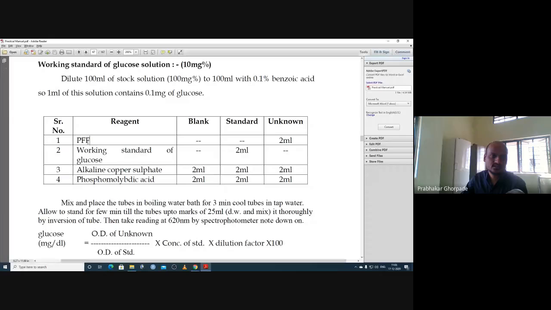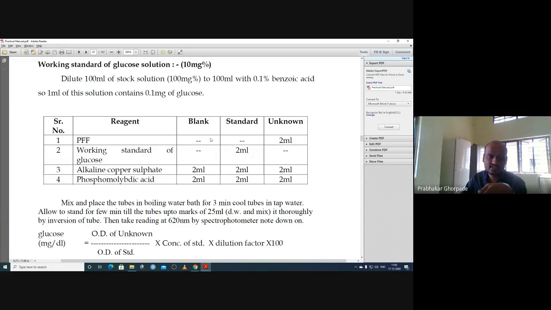Here we are using the protein prefiltrate, then the working standard of the glucose, this 10 milligram percent working standard. Then the alkaline copper sulfate solution and phosphomolybdic acid solution, which we prepared previously. For the blank, you add 2 ml of the alkaline copper sulfate and 2 ml phosphomolybdic acid.